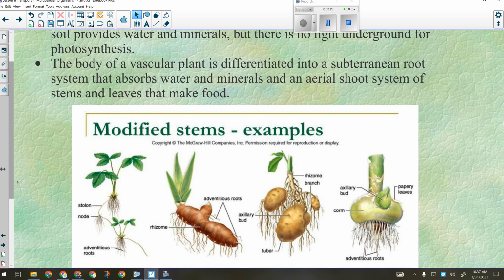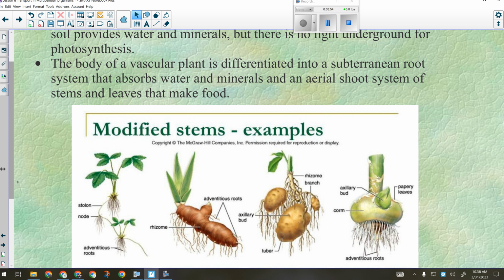Water is found in the ground, and in the ground there's no light. Carbon dioxide is found in the air, which is above the ground. So a plant has to be able to transport materials from one place to another, because parts of the plant can do one job but can't do the other. That's back to that whole specialization thing we talked about yesterday.